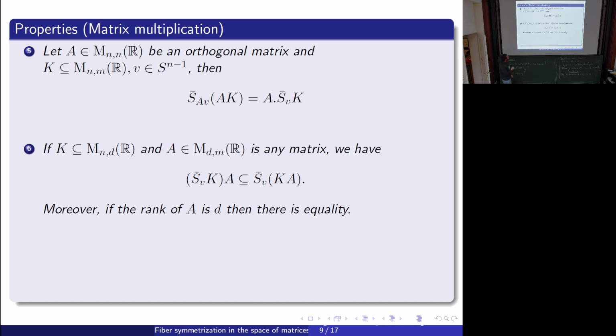And if the rank of the matrix is appropriate, then you have an equality. So for instance, if A is an invertible transformation, then you have an equality. So the fiber symmetrization is invariant by all GL_m, which is a large group. This is a very good property.